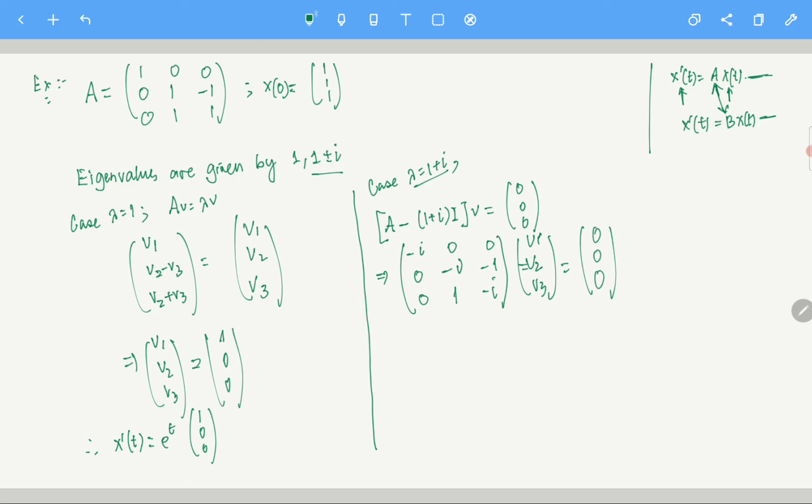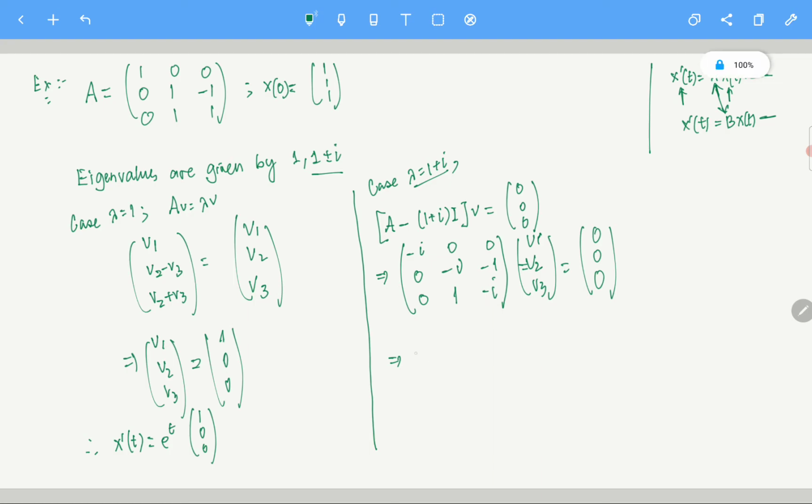Clear? Now if you calculate all of these, essentially what I am getting is -i v1 is 0, and -i v2 minus v3 is 0, and v2 minus i v3 is 0.